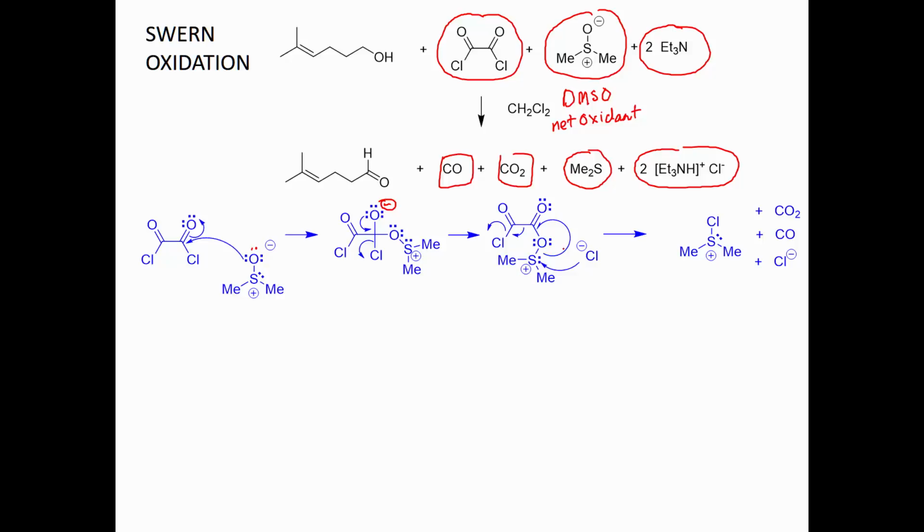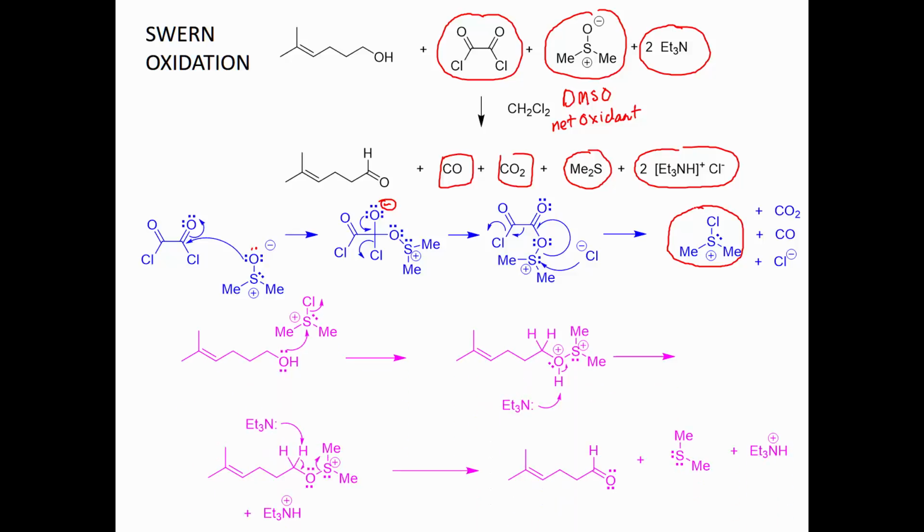This is going to do this funny process here, making carbon monoxide and carbon dioxide and chloride ion to generate this compound, which is the species that actually reacts with the alcohol to do the oxidation.